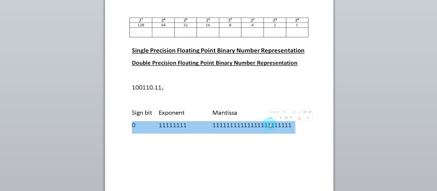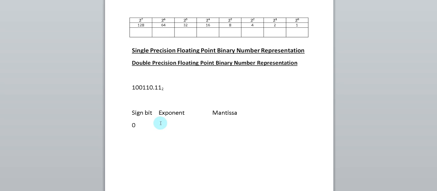So without further ado, let's convert it. Again, the mantissa consists of 23 bits, the exponent of 8 bits, and the sign bit of 1 bit.